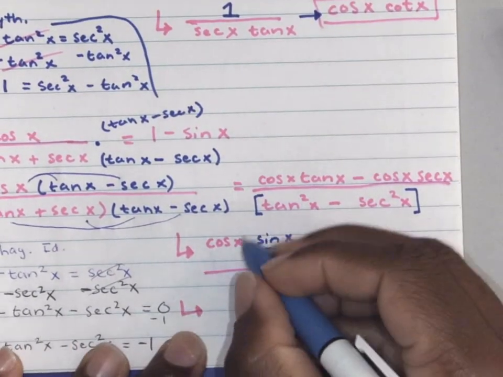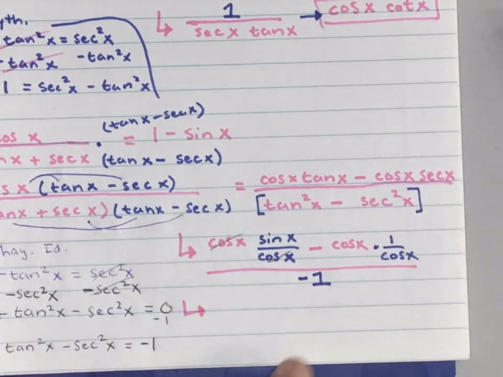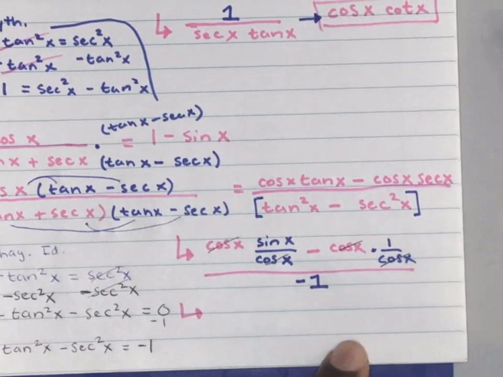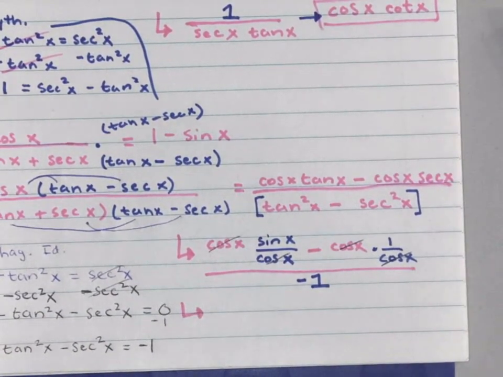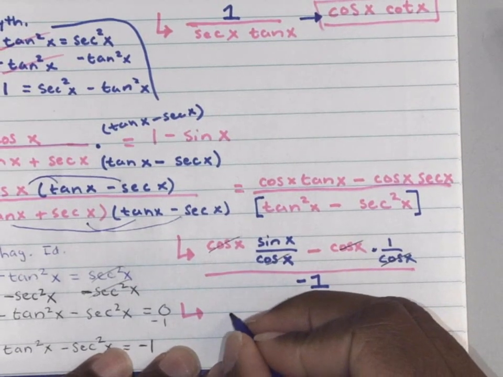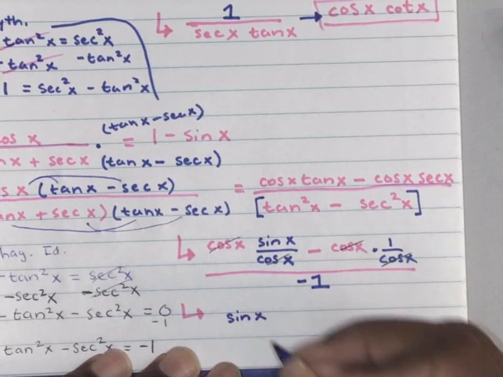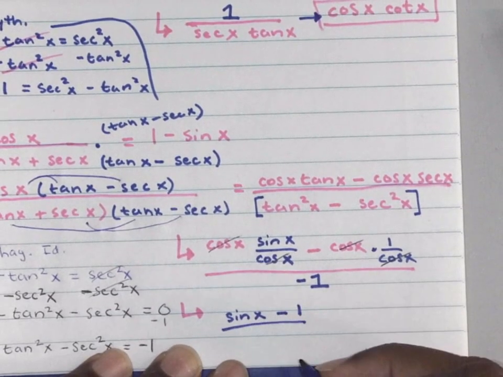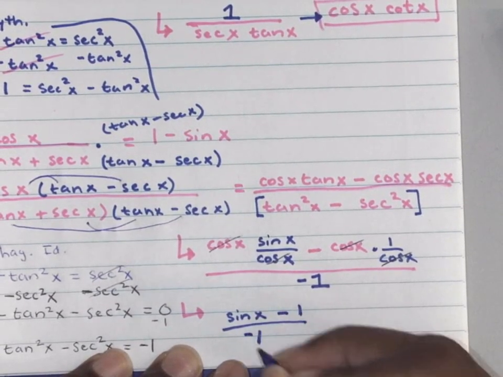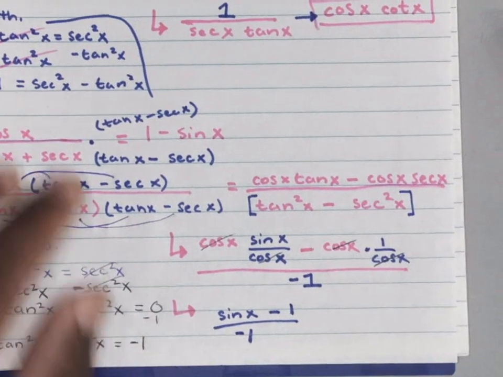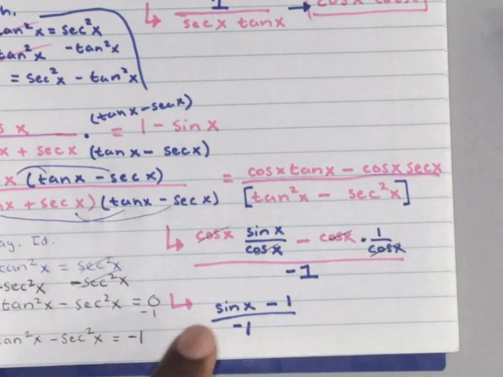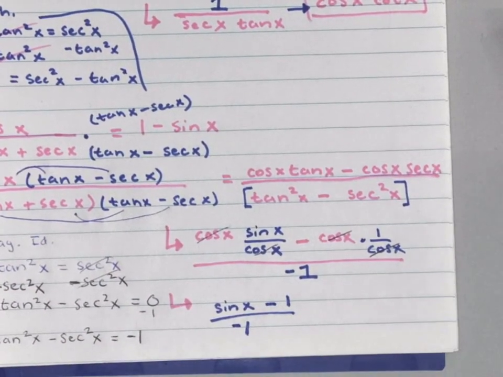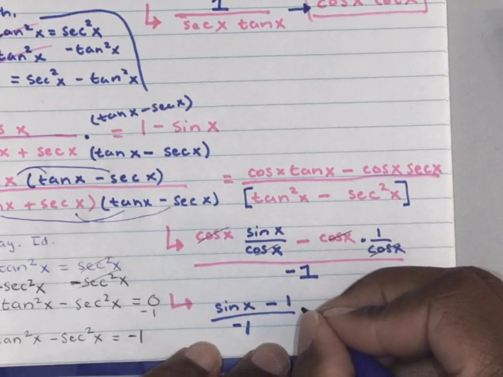All right, so cosine and cosine cancel. Cosine and cosine cancel here. So what we're left with is sine of x minus 1 divided by -1. If I divide both of these terms by -1, we change the signs.